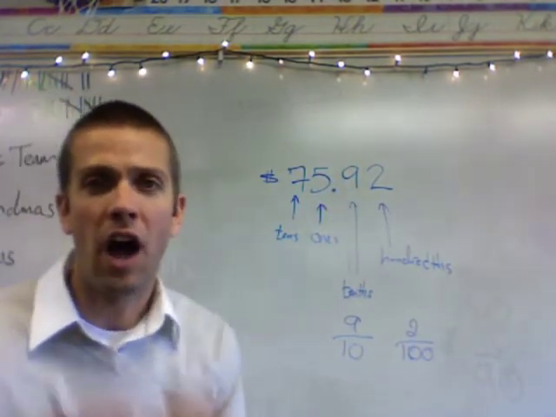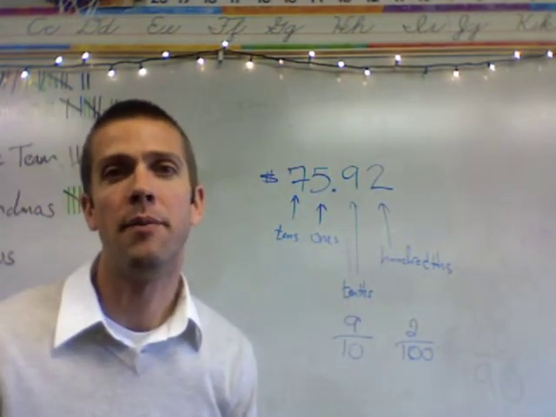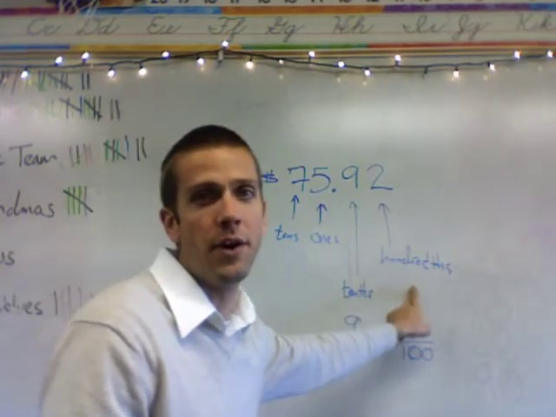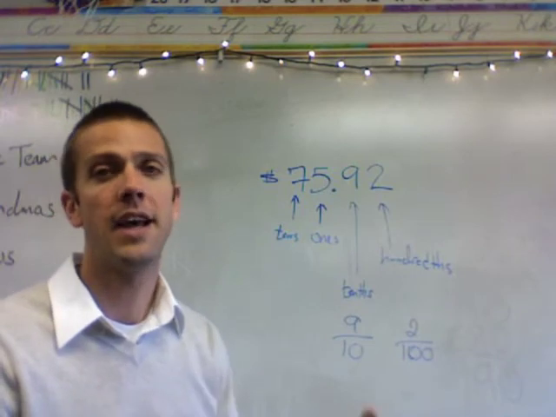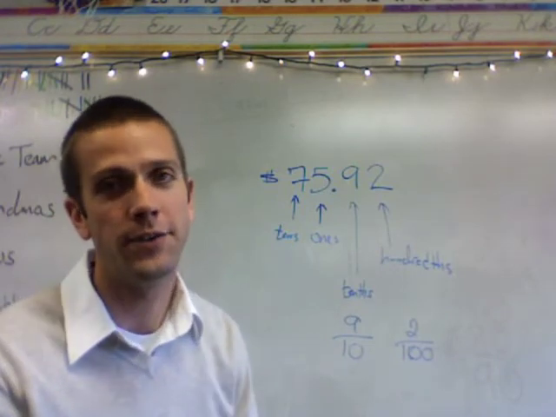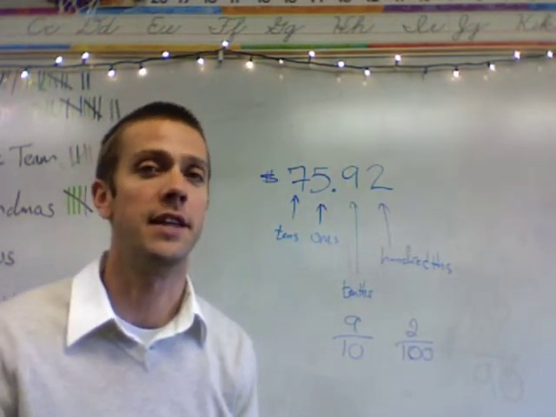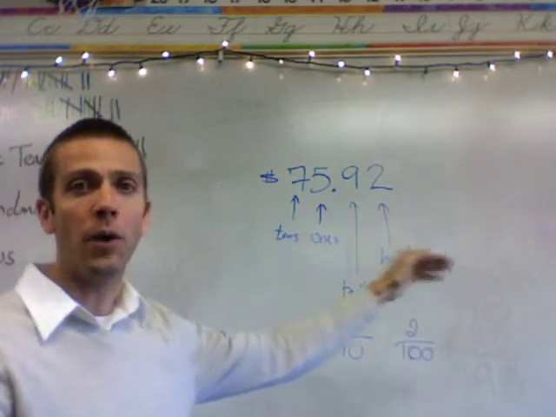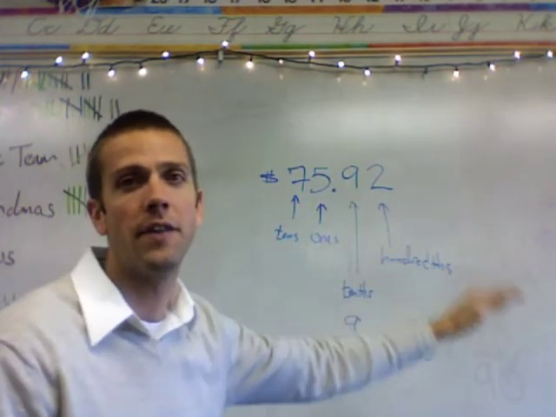The penny column, 100 of them make $1, and in the tenths column, 10 of them make $1. So the first column is the tenths, the next column is the hundredths. If we were to go on, it would go to the thousandths, then the 10,000ths, then the 100,000ths, then the millionths, with the "ths" on the end of every one. So it's kind of the same as this way, but it goes backwards and there's no oneths. So you just skip the oneths and go tenths, hundredths, thousandths.